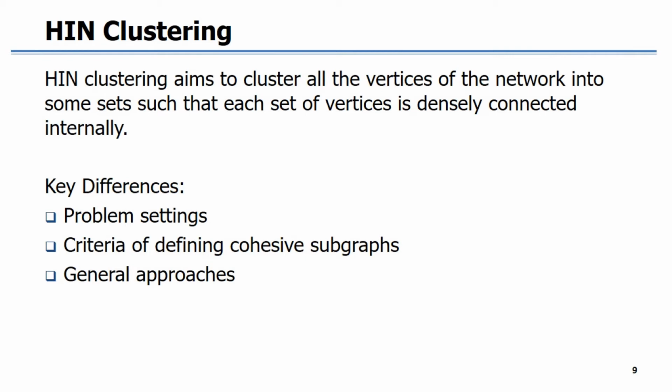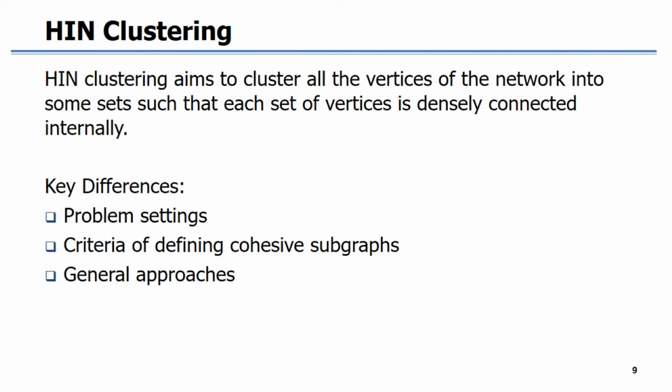In terms of problem setting, cohesive subgraph search aims to search subgraphs satisfying the user's query requests, while HIN clustering focuses on partitioning the entire HIN into a set of dense subgraphs such that each subgraph is weakly linked to others. Regarding the criteria, cohesive subgraphs are defined based on query parameters given by users.